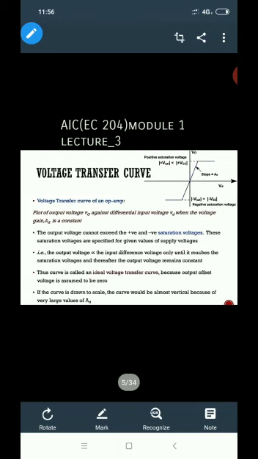If the curve is drawn to scale, it would be almost vertical because of the very large value of AD, because the differential gain of the op-amp is very high.